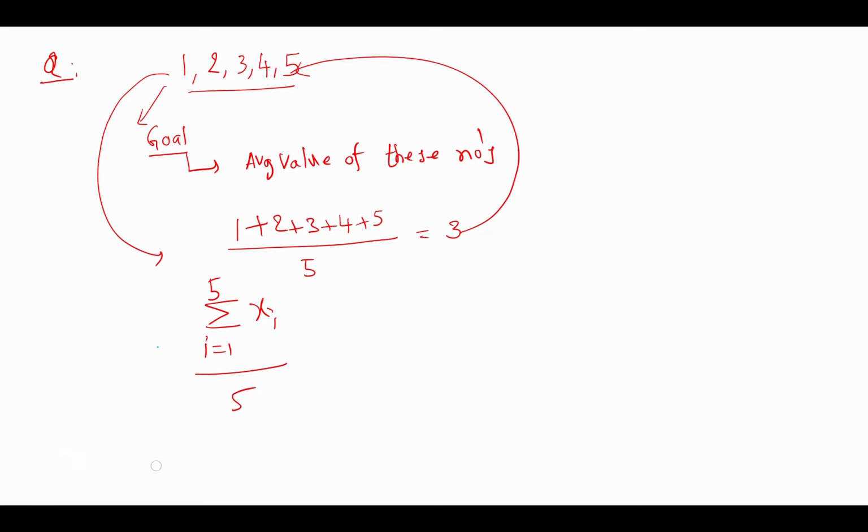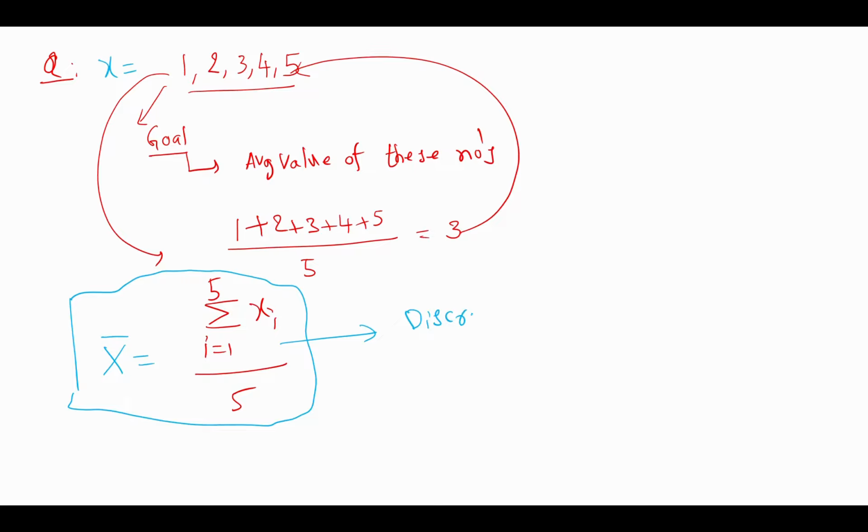Let us call these numbers x. Therefore, the average value will be x bar, which is nothing but this. This is the formula to find the average value of the numbers. And please note that this formula is only true for the discrete time case.